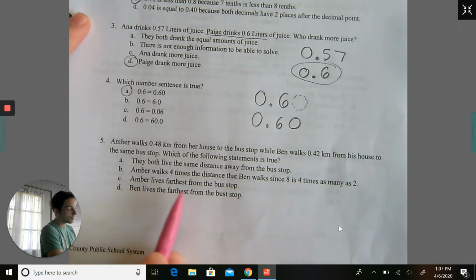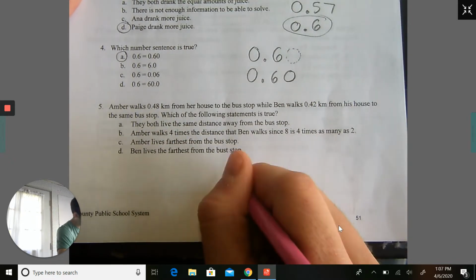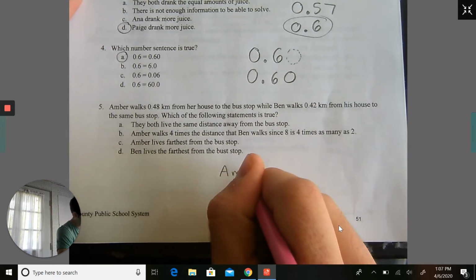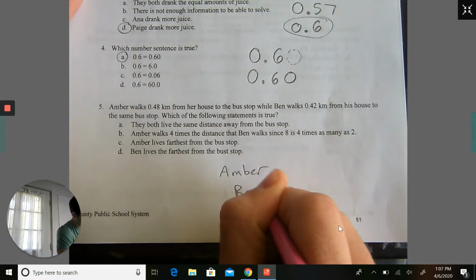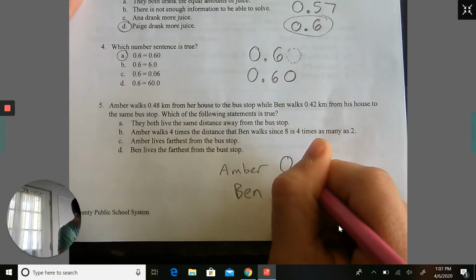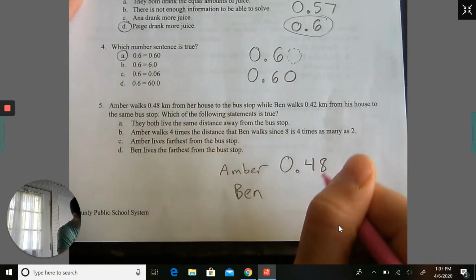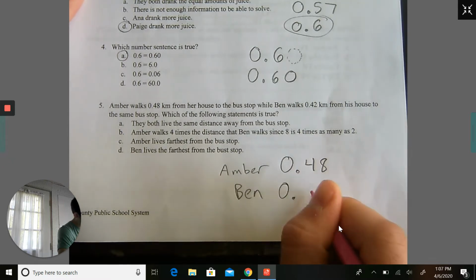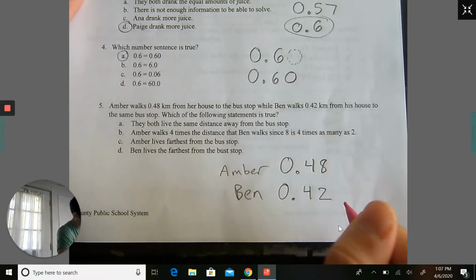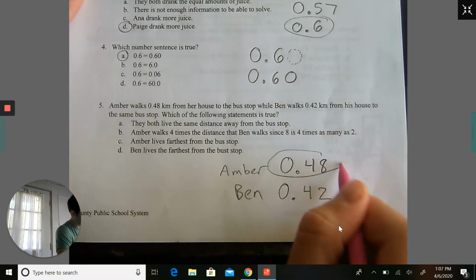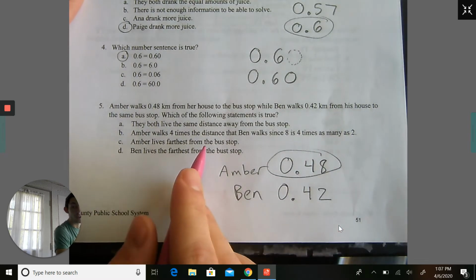Amber lives the farthest from the bus stop, or Ben lives the farthest from the bus stop. If we line it up here, we might label this one Amber, Ben. We've got 0.48 for Amber, and when we line up Ben's directly underneath, we see that one is greater than the other. Amber lives the farthest away from the bus stop.